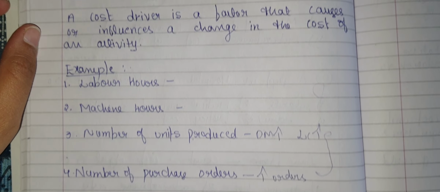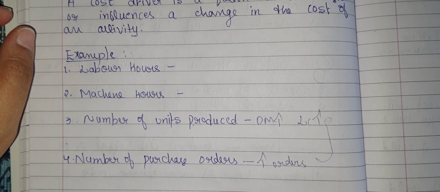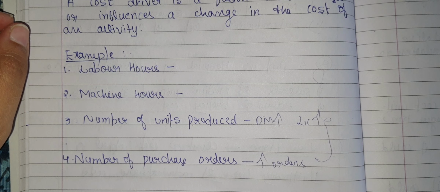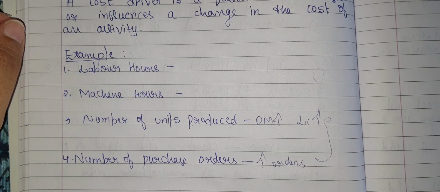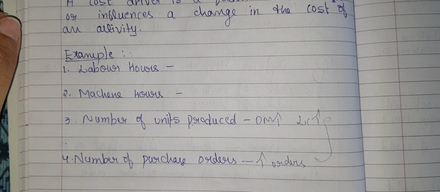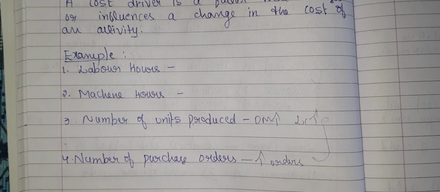If the company wants to produce more units, at the same time raw material cost and labor cost will also increase. So these are the differences between cost object and cost driver.